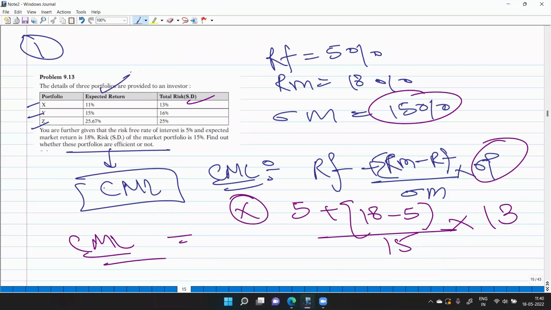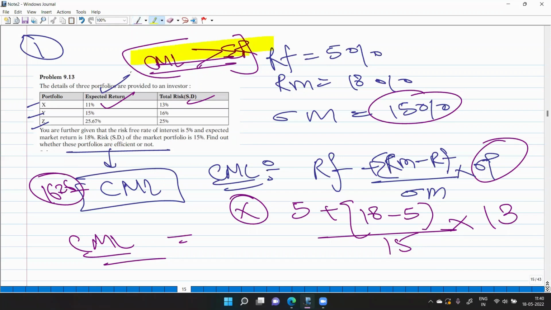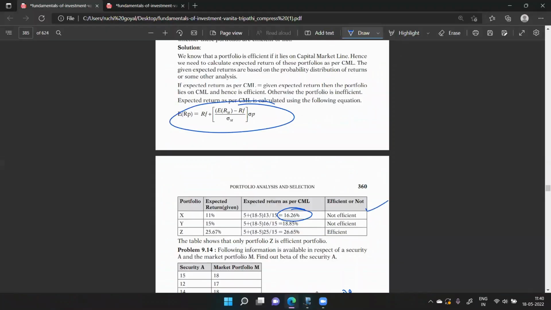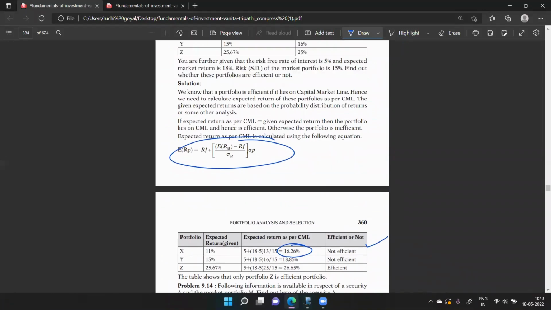Now, CML के according, it is coming out to be 16.26 and the expected return is this. CML का is, okay, so it is not efficient. If the expected return as per CML equals the given expected return, the portfolio lies on the CML and hence it is efficient.